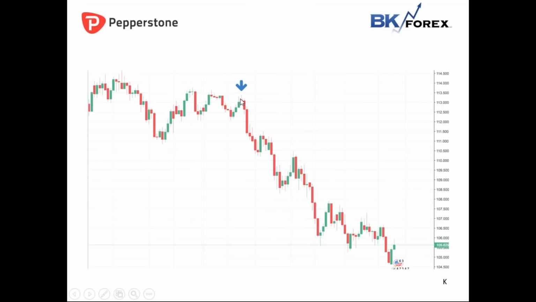But even in this case, if you saw the green candle, you waited for the indecision candle, and then you waited for the red candle, you would have sold around 112.60, and your stop would have been 113.40, so about an 80-point stop. But when you get it, it can be really strong.